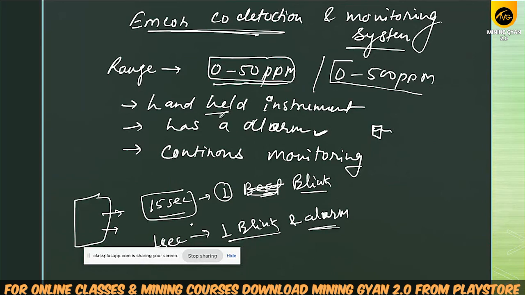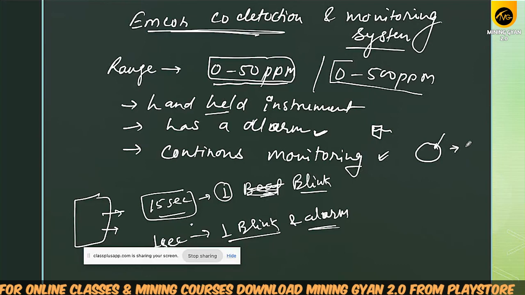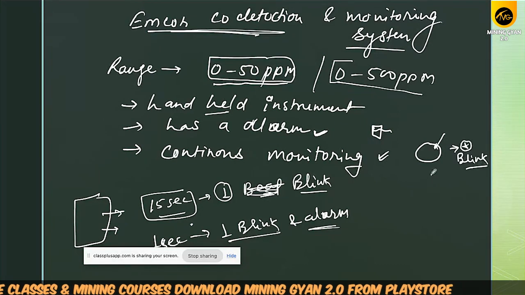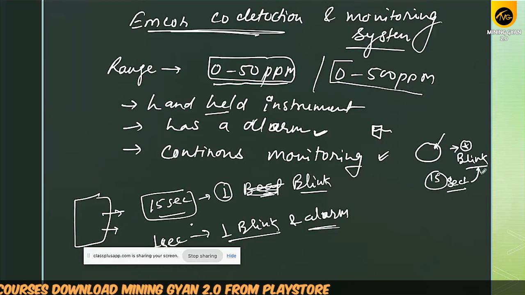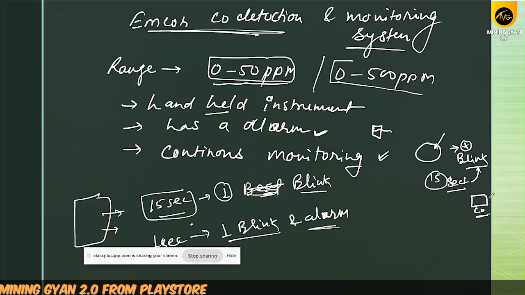If the range of carbon monoxide is reached, the alarm will beep, and with continuous monitoring it gives you continuous results. In normal time it blinks once every 50 seconds, and when CO is present in the range, it will blink once per second.